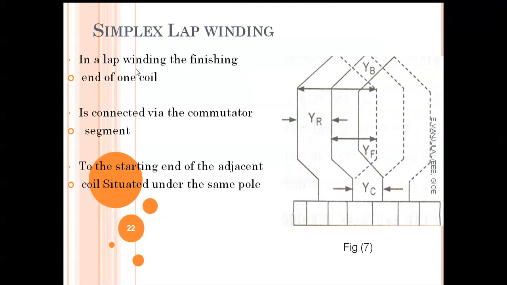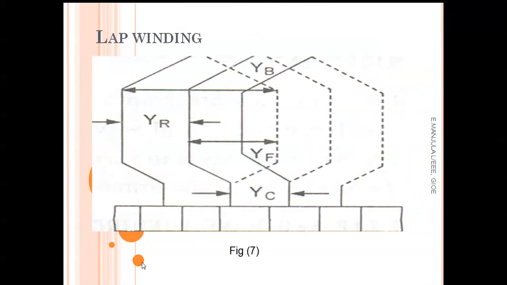Okay, so the finishing end of one coil is connected to the starting end of the adjacent coil, and this coil also is situated under the same pole. So like this is a lap winding. In this way all the coils are connected. See, like this.